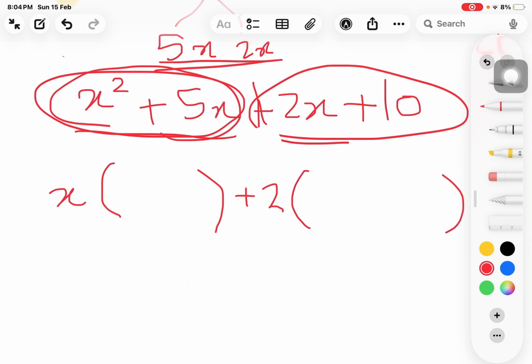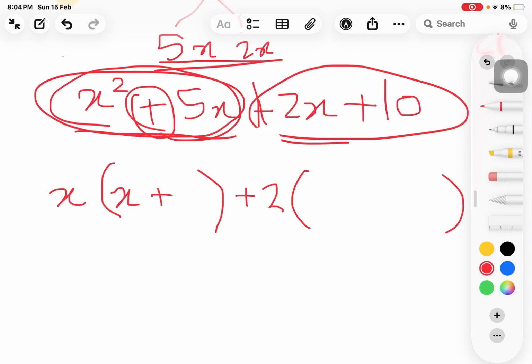And the first bracket, x times what gives you x squared? Correct, x times x. And then write the sign plus. And then x times what gives you 5x?